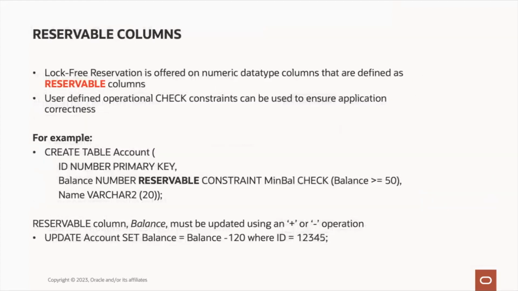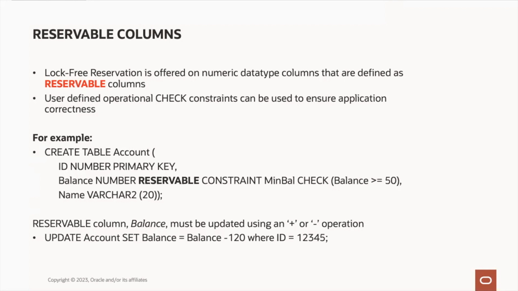To implement this feature, the first thing you need to do is to create or alter a table and define a reservable numeric column, either number, float, or integer, and then optionally create a check constraint for the column to specify conditions for where an update is allowable. In this example, we create a table with a reservable column called balance and a constraint specifying the minimum balance amount is 50.